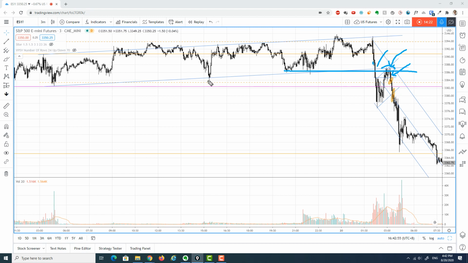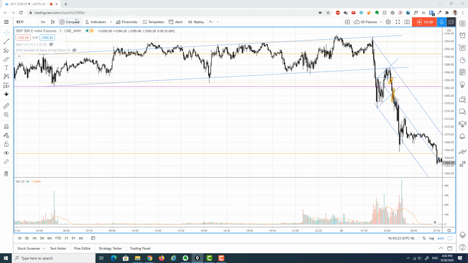So this could be forming a horizontal type of structure with a failure setup as well. Depending on how we look at the structure, whether it's a horizontal type like this or an upsloping type like this, either way will give us a great entry. All right, so this is the trade review in the 3 minute time frame.